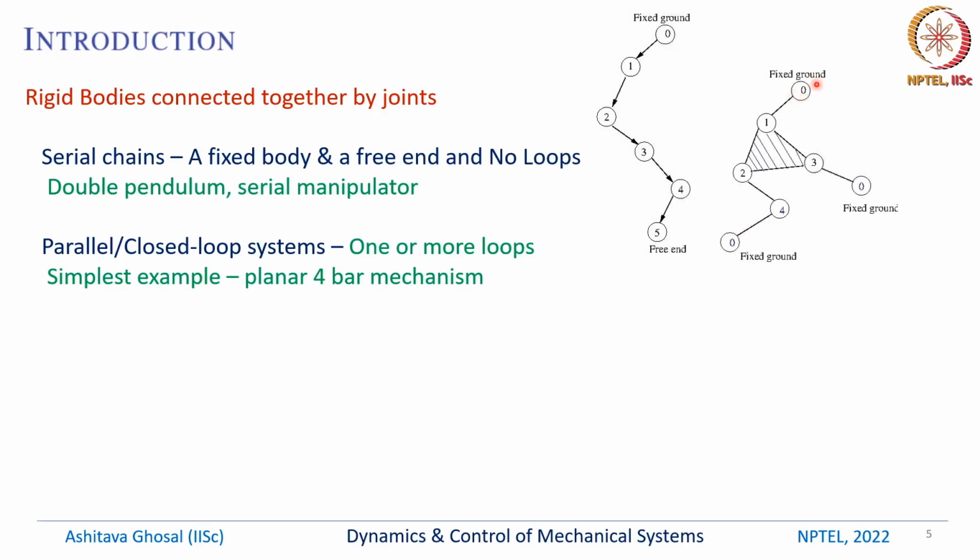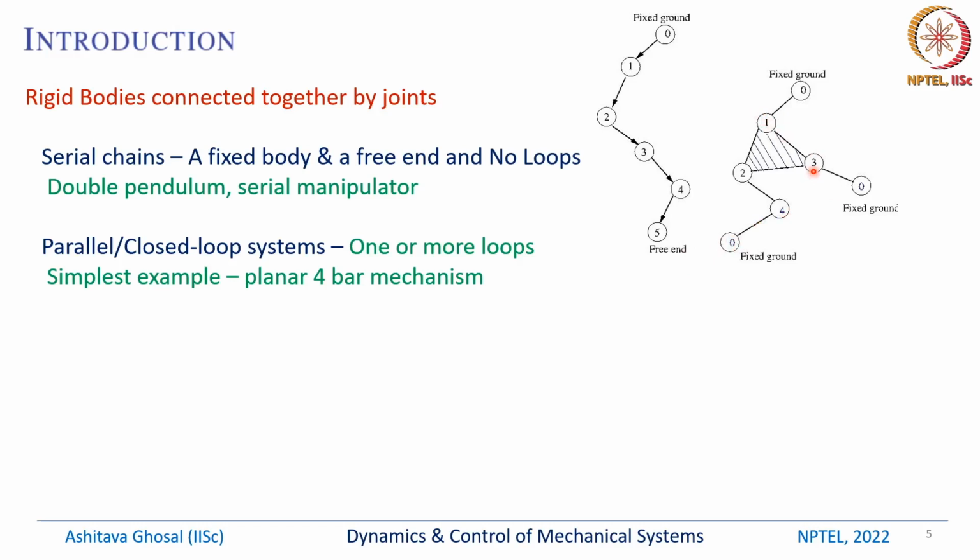Schematically, a parallel mechanism or a closed loop system can be shown in this manner. We have a fixed ground, which is the 0, and you can see that there is more than one place which has 0. Then 0 is connected to 1, then there is a rigid body which has different points, and this rigid body is connected to 4, and 4 again is connected to ground.